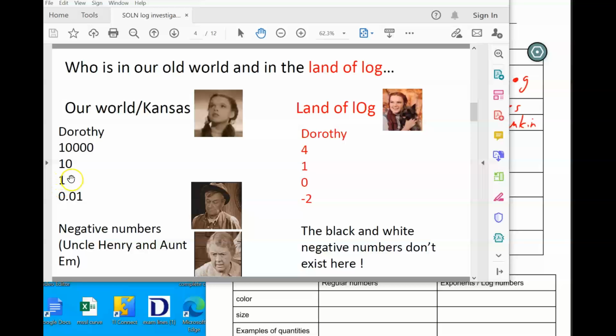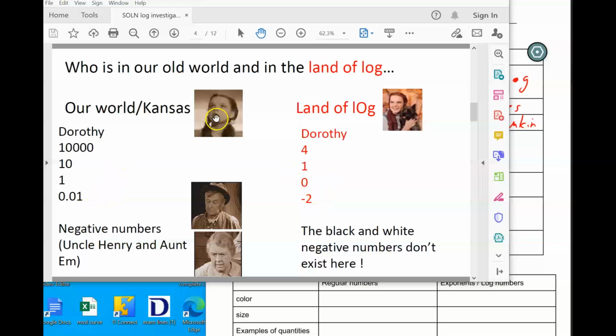And 1 in the regular old world, Kansas, is red 0 in the land of Log. And 0.01 in Kansas is negative 2 in the land of Log.